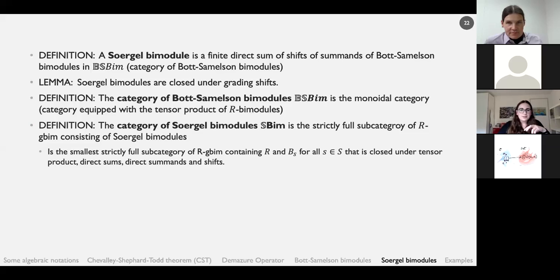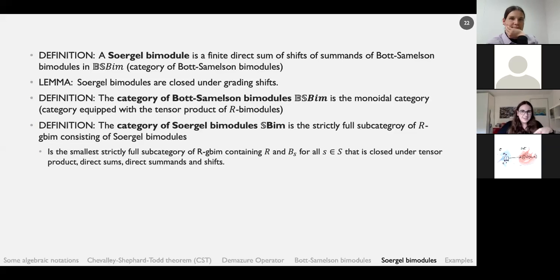We can also define the category of Soergel bimodules, which we denote by S-BIM, and that's the strictly full subcategory of Z-graded R bimodules. It consists of Soergel bimodules, meaning that the objects are direct sums of direct summands of graded shifts of Bott-Samuelson bimodules.